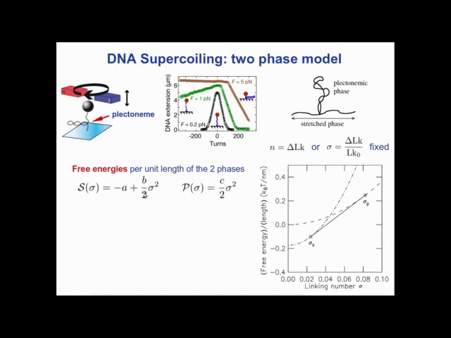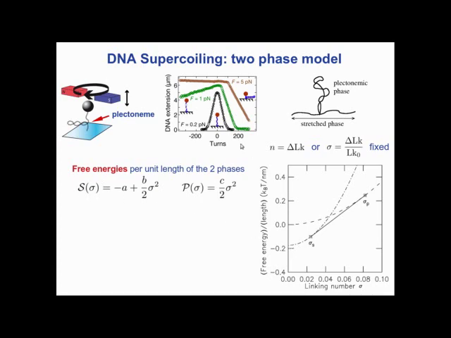So for the first free energy, we write minus AB divided by 2 sigma squared. First of all, we discuss only the symmetric case, the low force case, so I think it's reasonable to expect that this free energy is well described by a sigma squared type of behavior in sigma. And here the dash-dotted line is the free energy S of the straight phase.